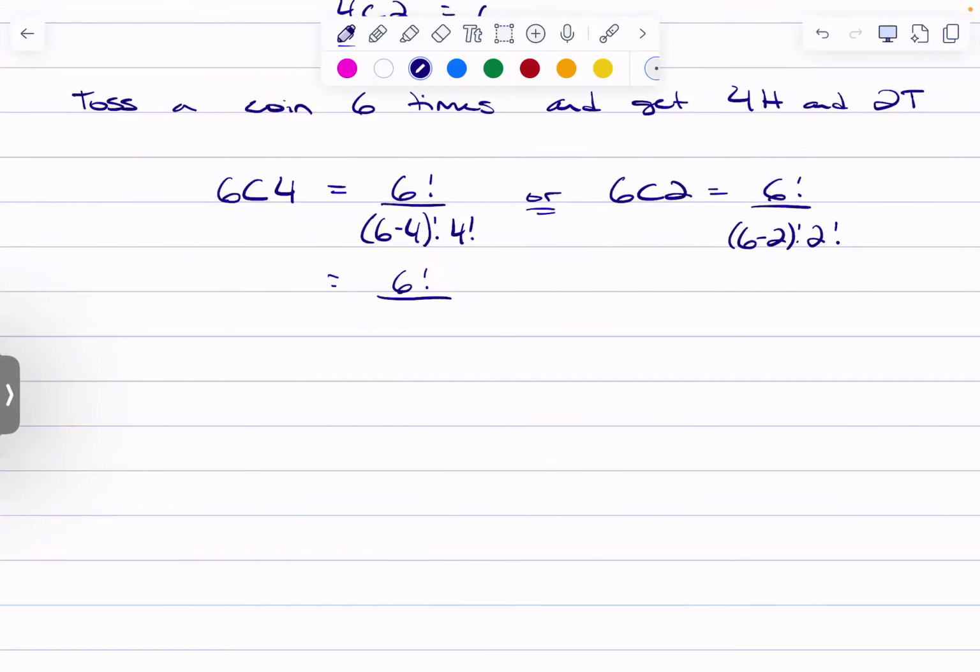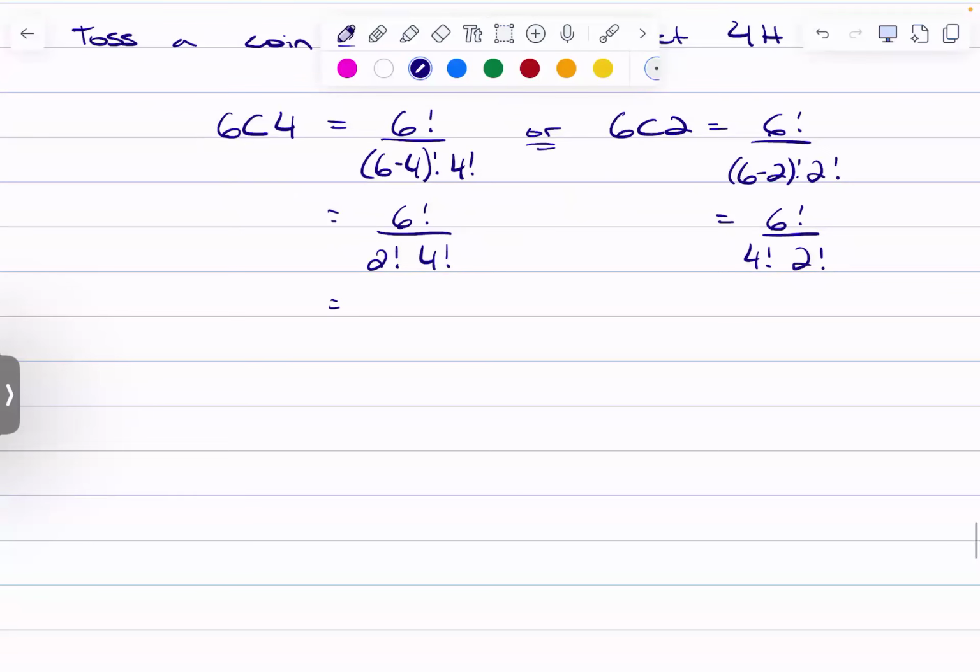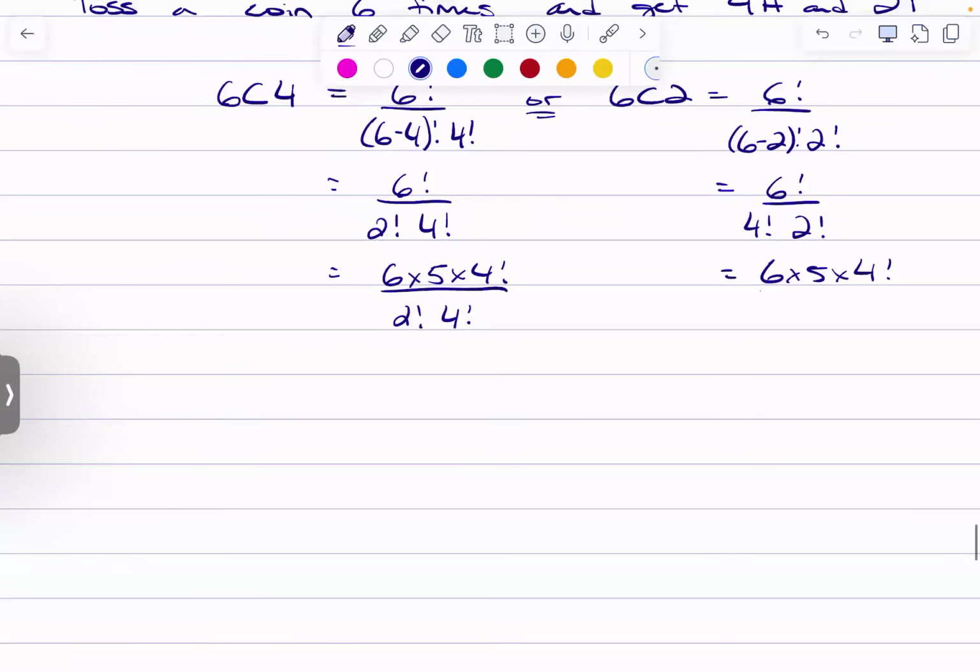6 factorial over 2 factorial, 4 factorial, or 6 factorial over 4 factorial, 2 factorial. Either way. 6 times 5 times 4 factorial divided by 2 factorial, 4 factorial, or 6 times 5 times 4 factorial divided by 4 factorial, 2 factorial.